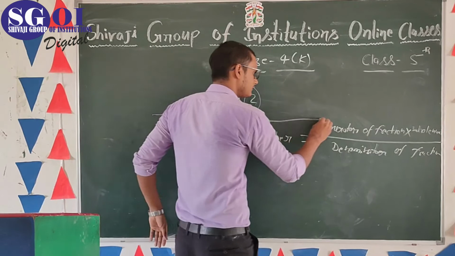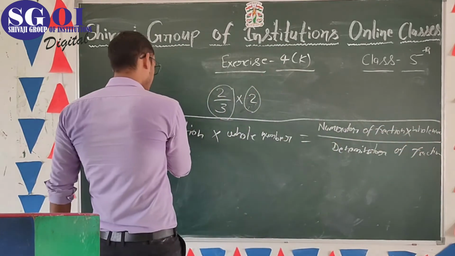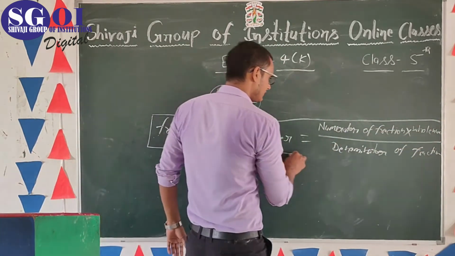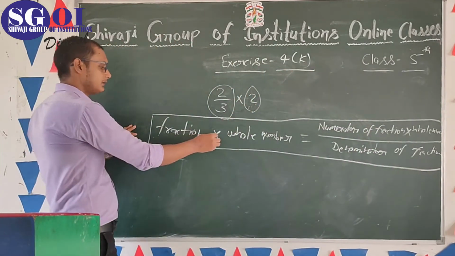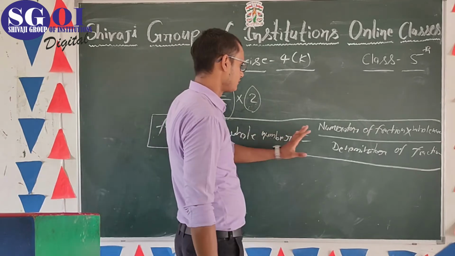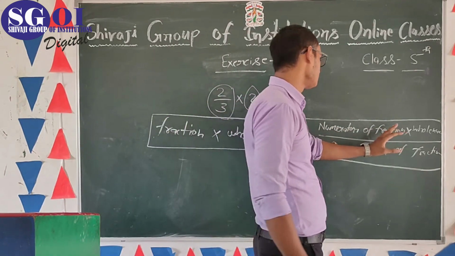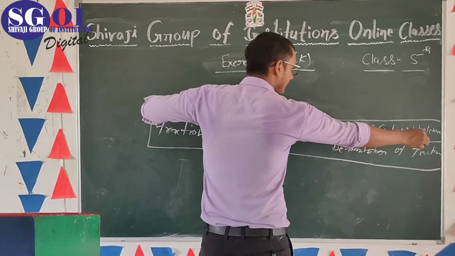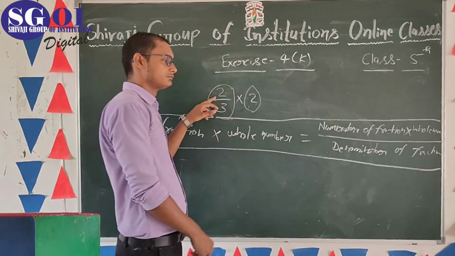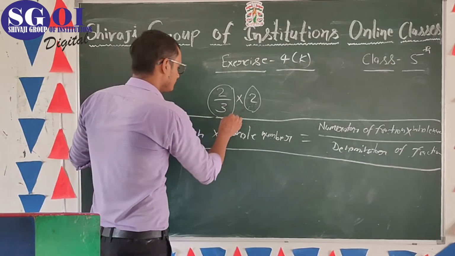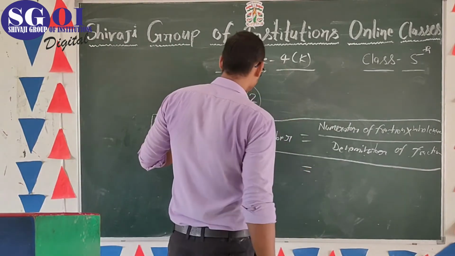This is the equation for how to multiply a fraction by a whole number. Put these values in this formula.